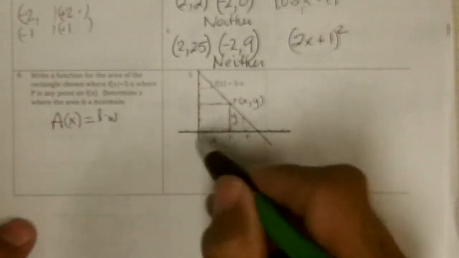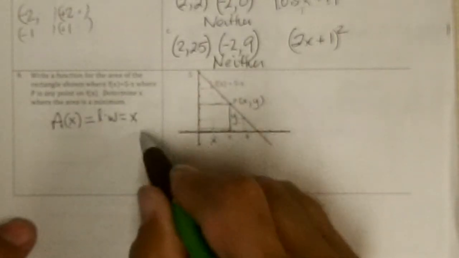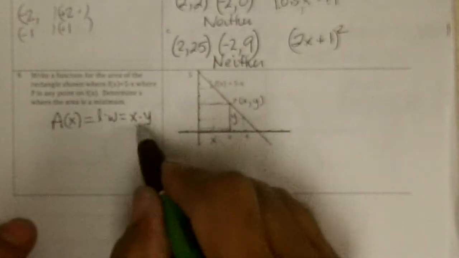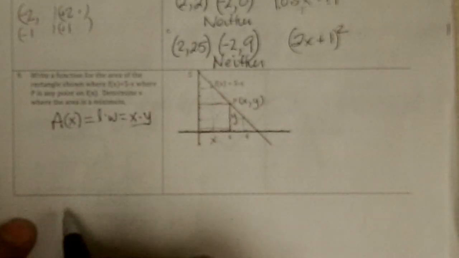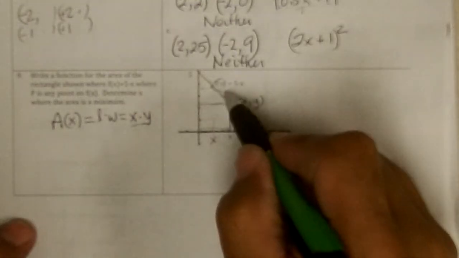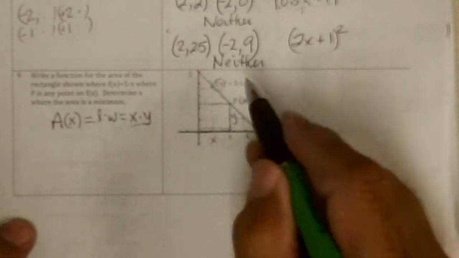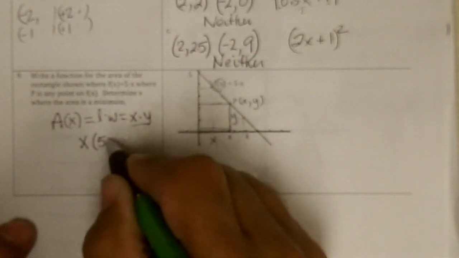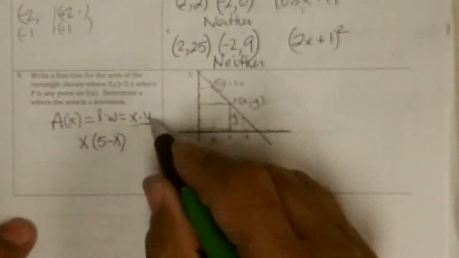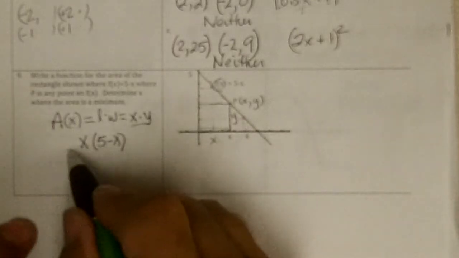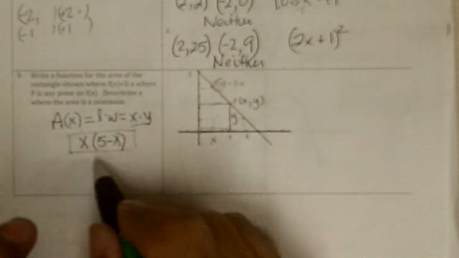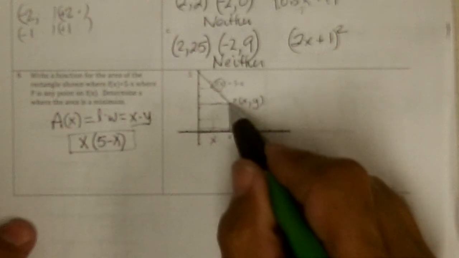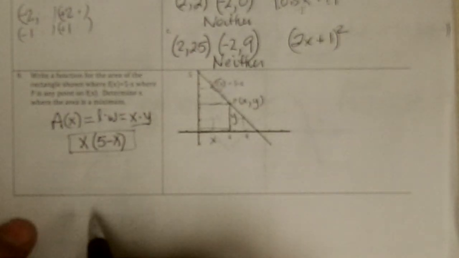The length is the x, and the width is y, but that's still not of just x. But it says f of x, y is 5 minus x, so we're going to go x times 5 minus x, replacing the y with 5 minus x.